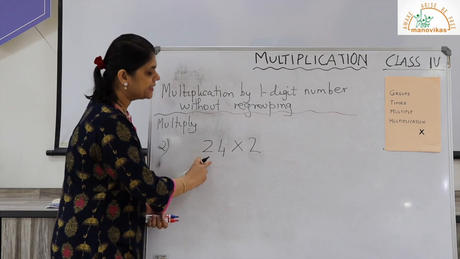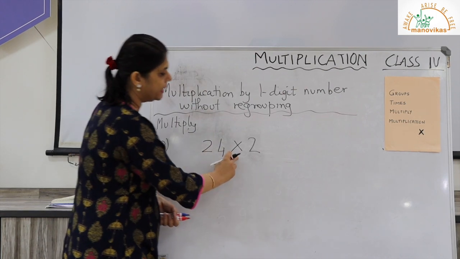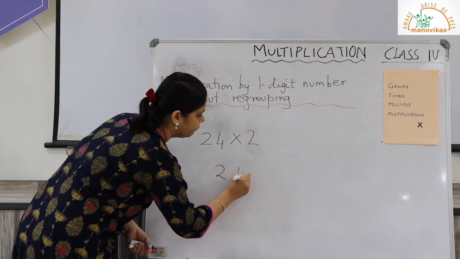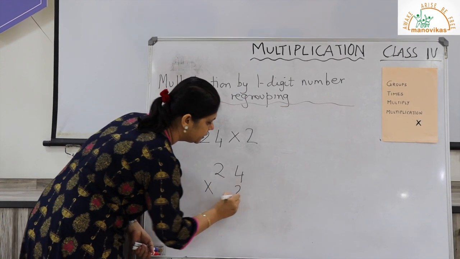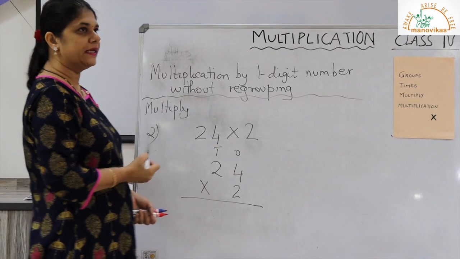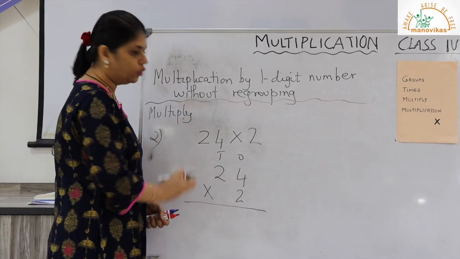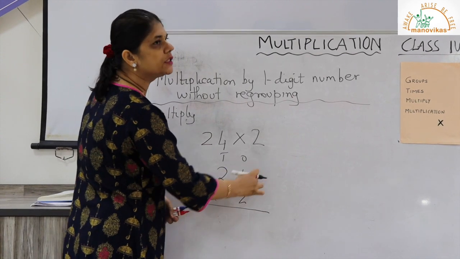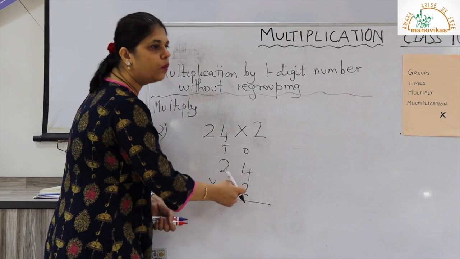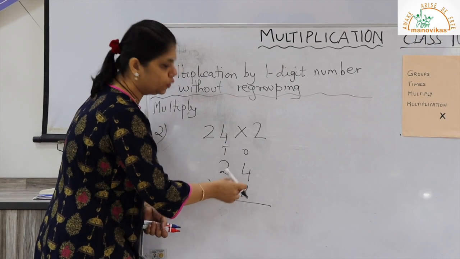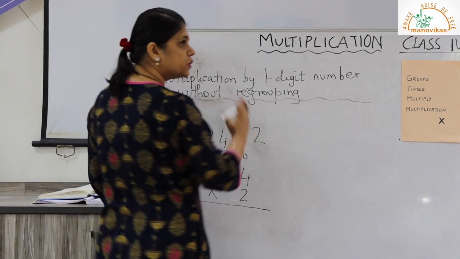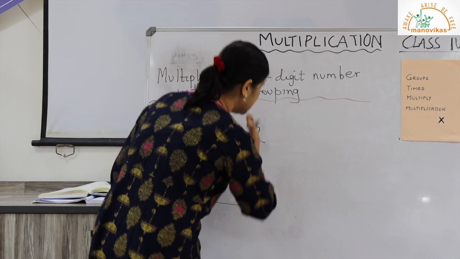Let us take the next example. 24 multiplied by 2. Again, you write it as 24 multiplied by 2. This is the ones place, this is the tens place, right? Now, again you need to multiply 24, which is a two digit number, by 2. So now, how will you do it? Multiply 2 with each place in turns, but first you will start from the ones place.